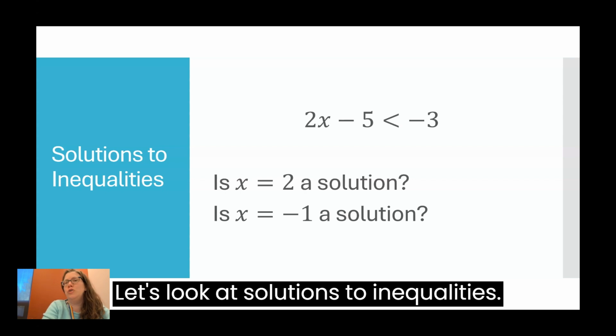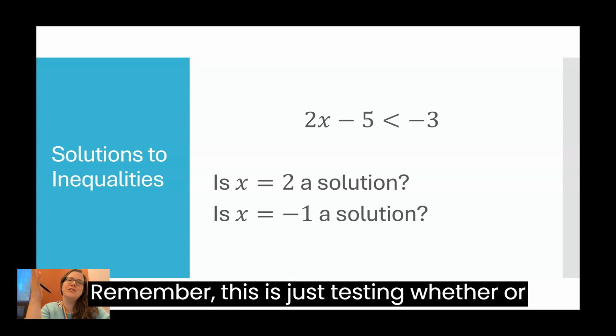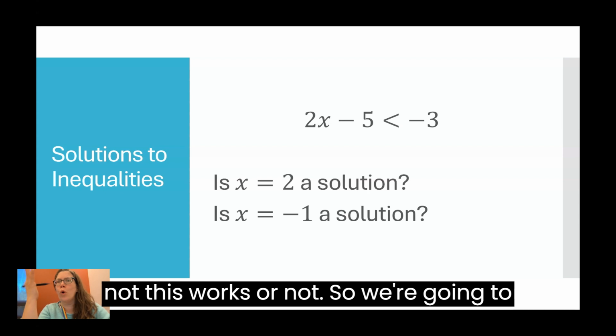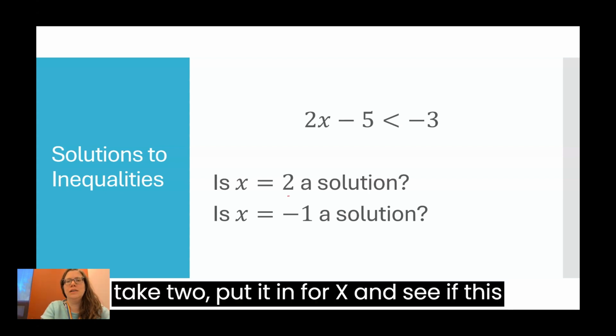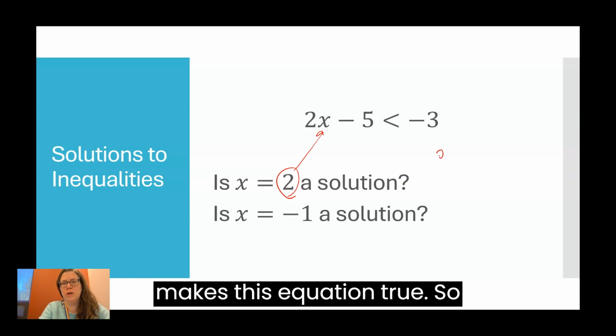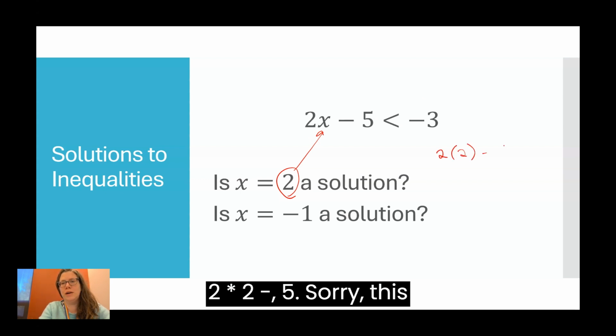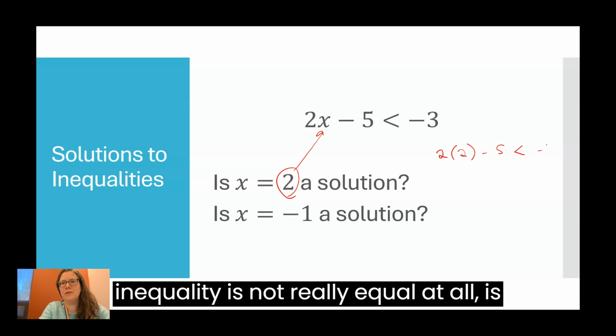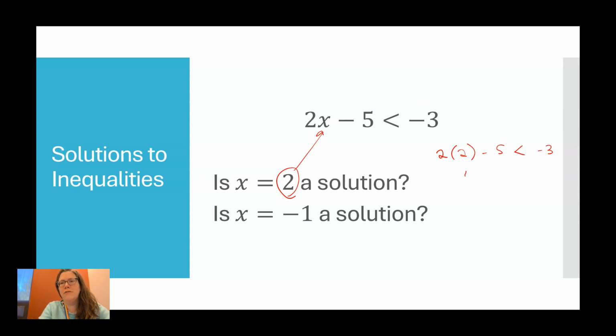Let's look at solutions to inequalities. Remember, this is just testing whether or not this works. So we're going to take 2, put it in for x, and see if this makes this inequality true. So 2 times 2 minus 5: 4 minus 5.